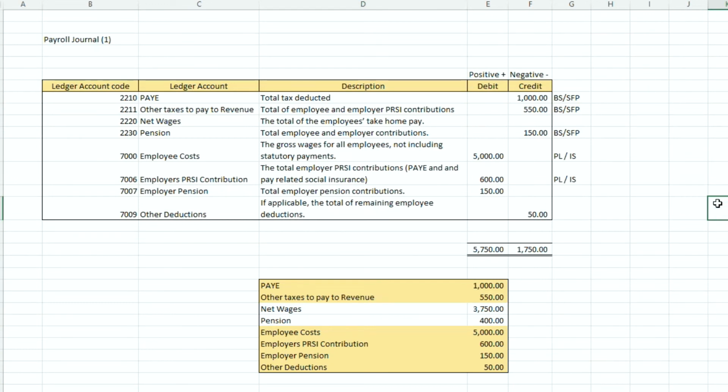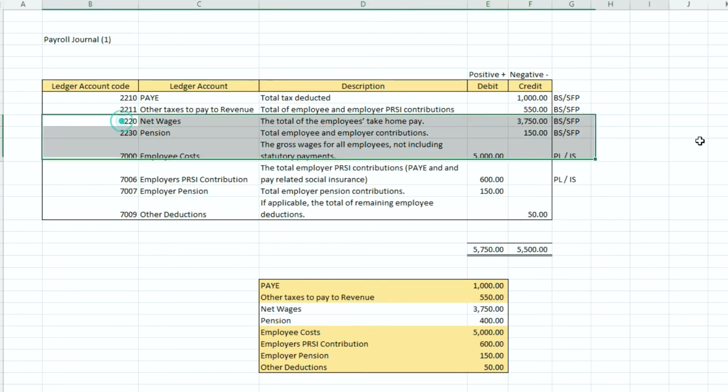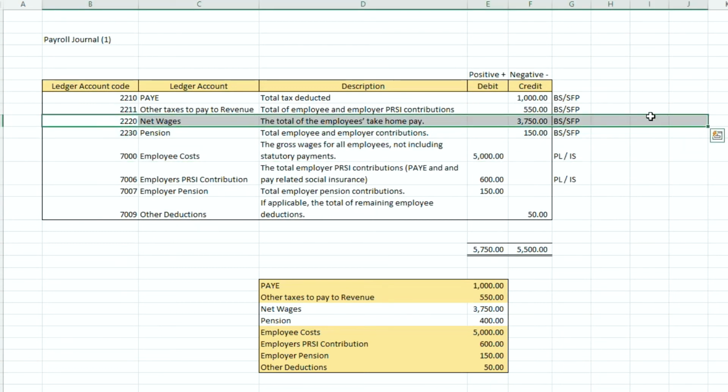And then we've got net wages. Net wages, again, is going to be a credit on the balance sheet or statement of financial position. And the reason for that is because it is an amount due to the employee. So it's a credit to wages until that amount has been paid by the employer to the employee. It's going to sit in net wages until the payment is made.